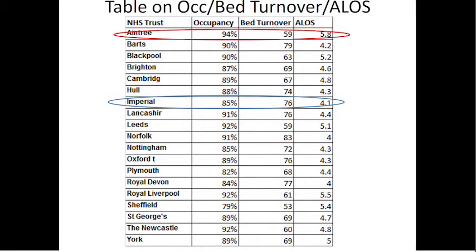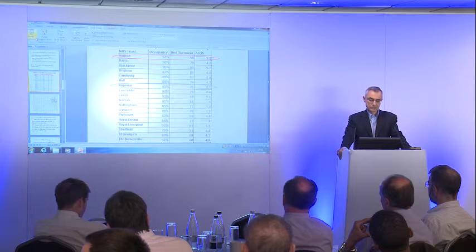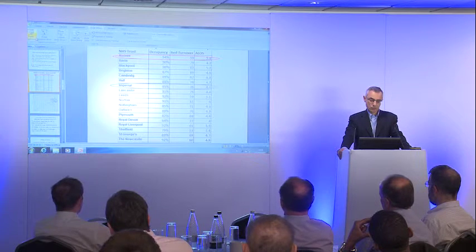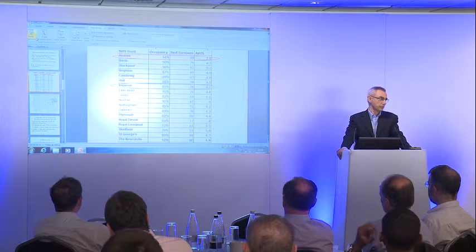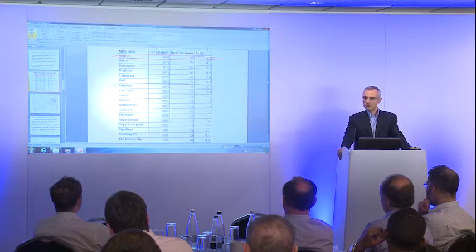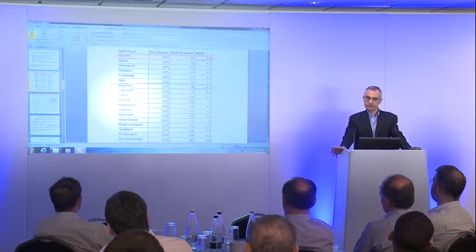So if we look at these three indicators, I produced a table as an example. We have on the first column the occupancy, on the second the bed turnover, and on the third the average length of stay. You can see that this is quite a crowded table, and therefore you cannot immediately spot where the hospital is in terms of efficiency.